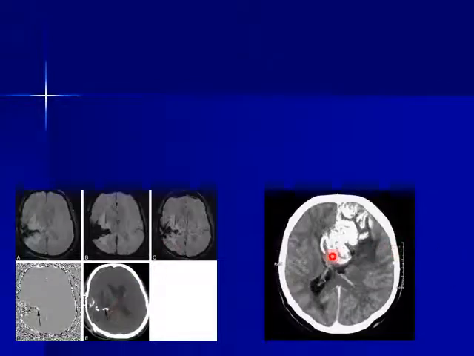Again, calcification in a tumor is oligodendroglioma, and this is SWI, which is very helpful in detection of intracerebral hemorrhage or calcification. And I think you know how we can differentiate calcification from hemorrhage using the SWI, its magnitude and phase image.